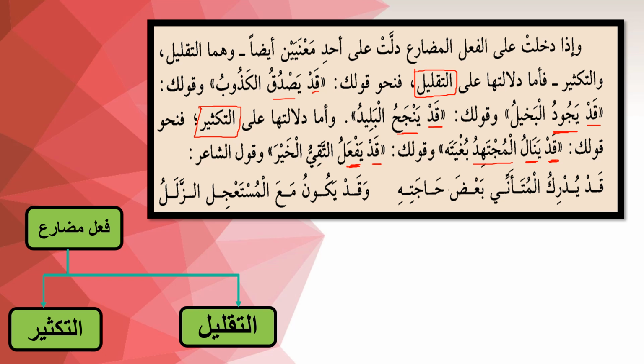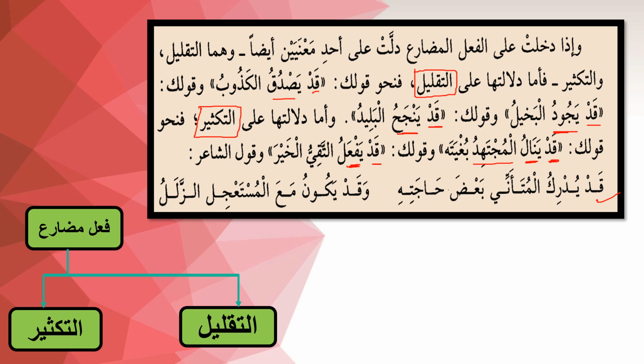وقول شاعر. So this is an Arabic poem and it has a meaning but I can't explain it to you word by word, but this has a meaning. قد يدرك المتأني بعض حاجته.